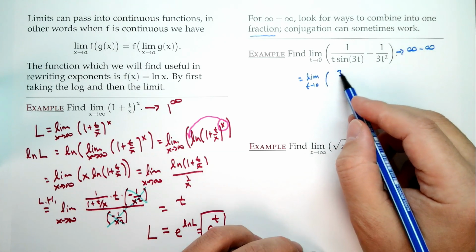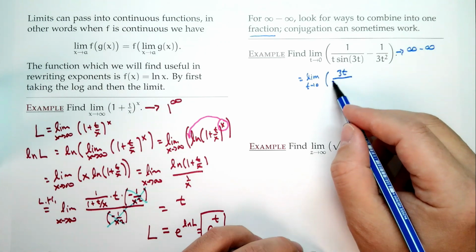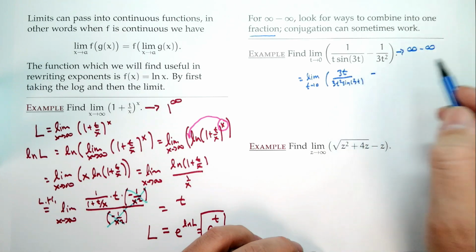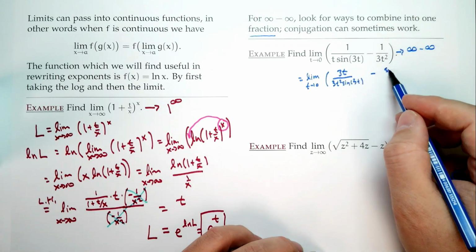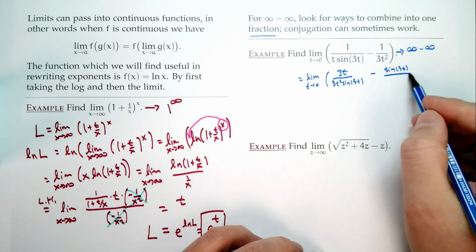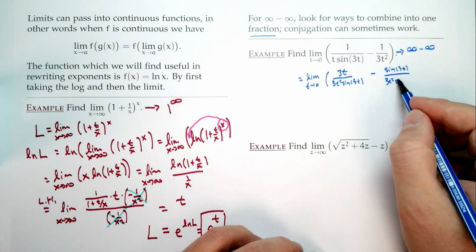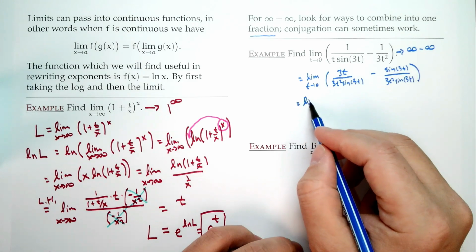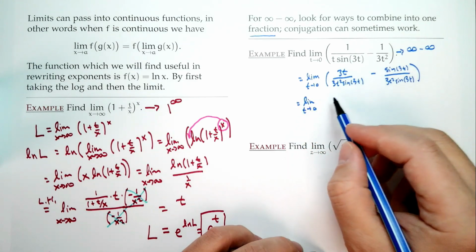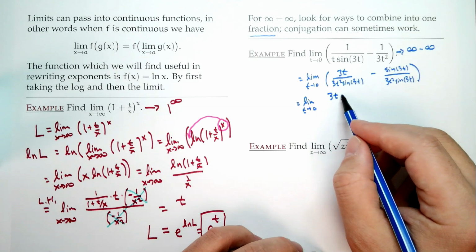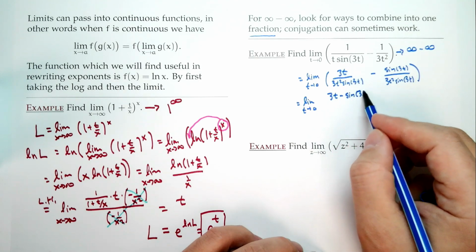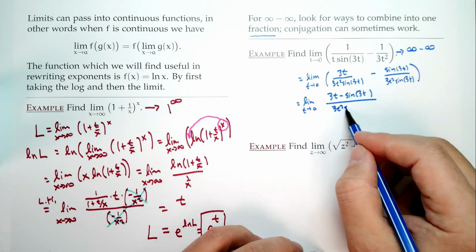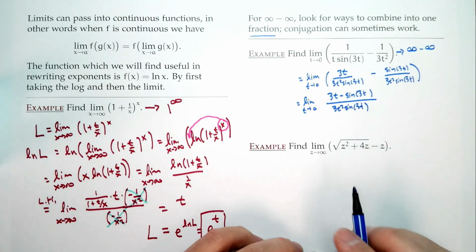So it'll be 3t divided by 3t squared sine of 3t minus, over here, sine of 3t divided by 3t squared sine of 3t. So this becomes the limit as t goes to 0 of 3t minus sine of 3t over 3t squared sine of 3t.